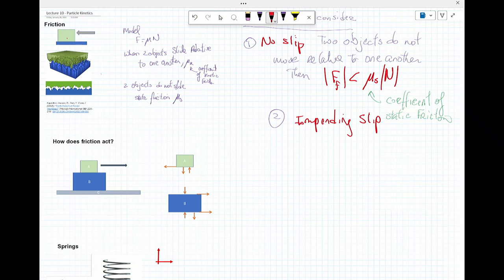The next case you consider is impending slip. Again, it's just like no slip in the sense that nothing's moving, but things are about to happen.